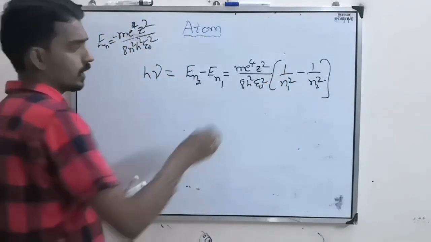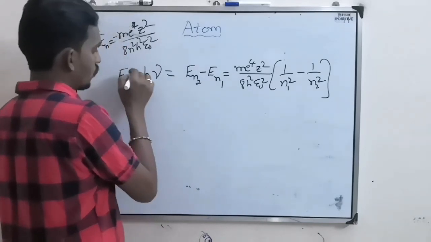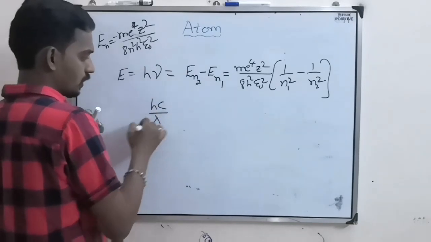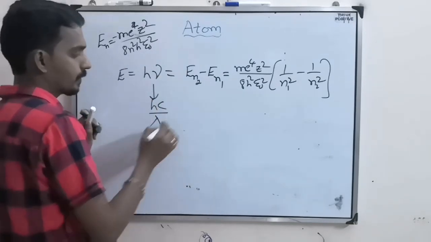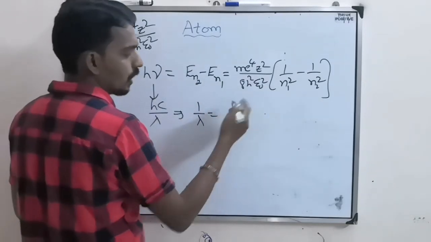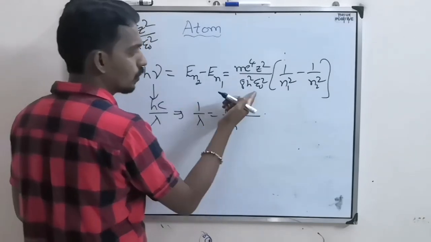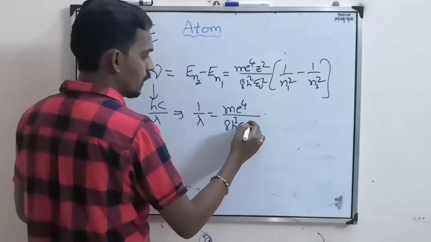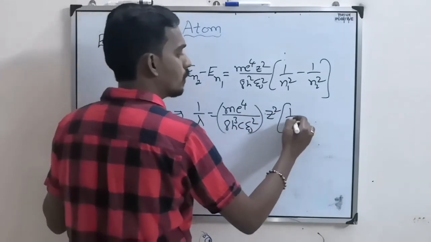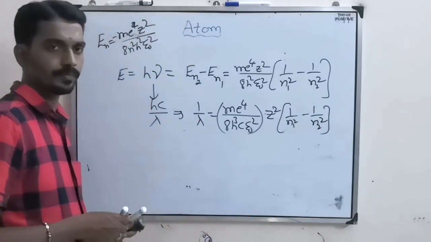So this is the photon energy formula where they can ask photon energy, but most of the time they will ask wavelength, that is hc by lambda. We will write this one. So 1 by lambda means hc will go to the other side, that is m e to the power 4 by 8 h cube c epsilon naught square into Z square into 1 by n1 square minus 1 by n2 square.